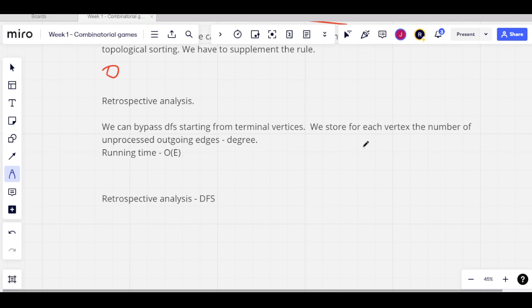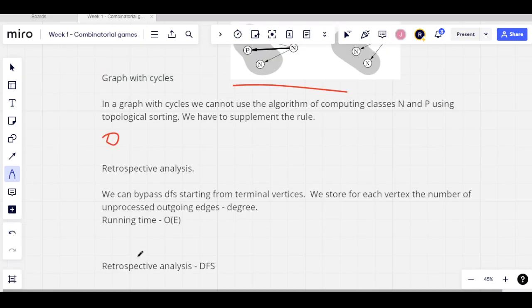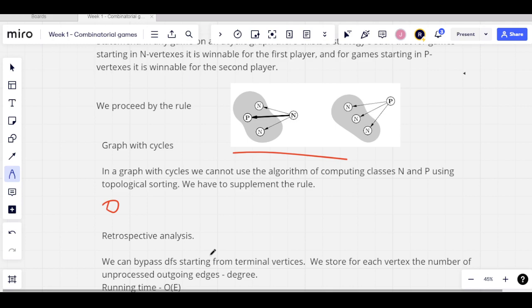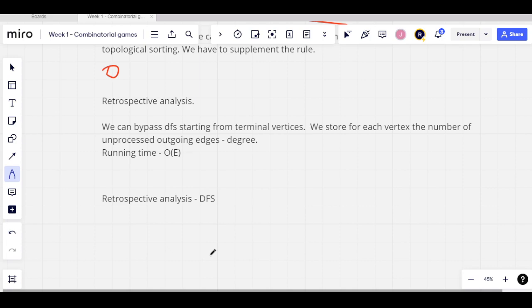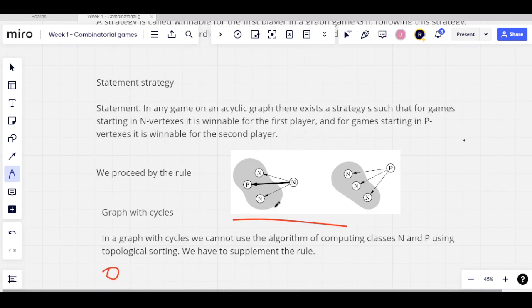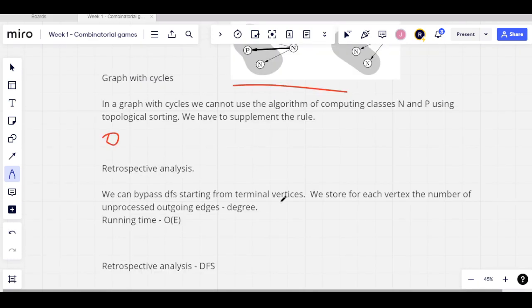Okay, that was interesting, but how do we implement all the stuff we discussed? Notice that it's enough to launch just one DFS, and we can handle our graph with cycles or without cycles.